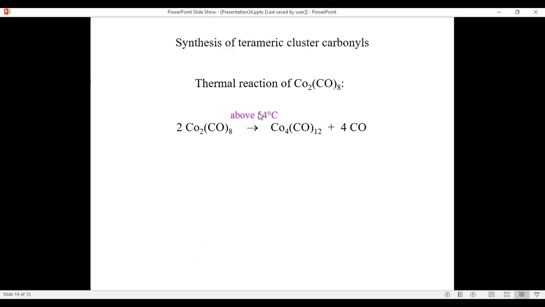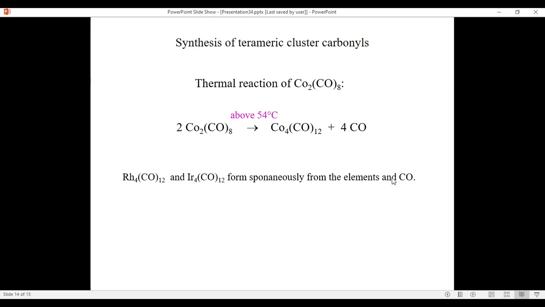Above 40 degrees Celsius, this dimeric cluster tends to become thermally unstable and lose CO. We can drive away the CO from the reaction mixture, and that then forms the tetrameric cobalt cluster.